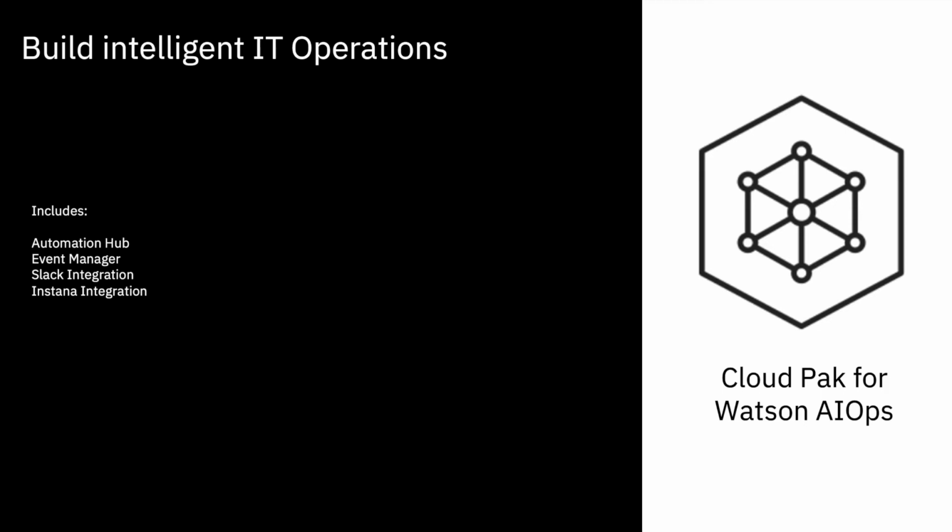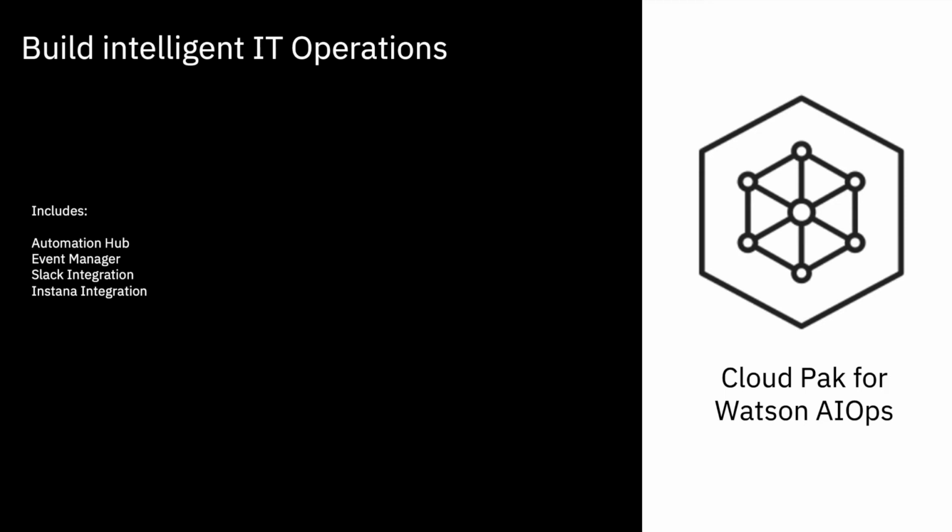There are other strings to the Watson AI Ops bow as well. For instance, you can use it to enhance IT governance and compliance. It will automatically detect policy violations in the environment and then automate remediation. And if you have a more complex hybrid environment, it will also give you an integrated view of the hybrid applications and infrastructure that you have.